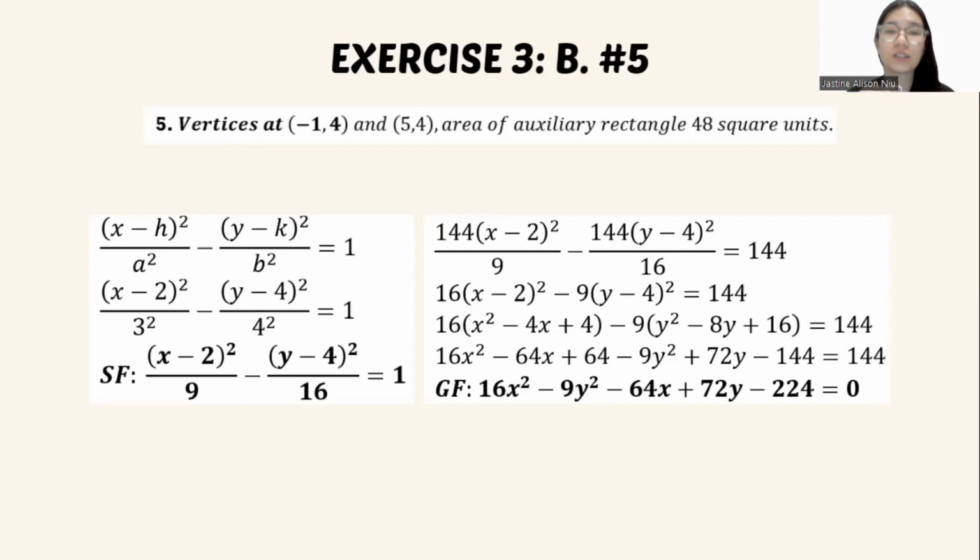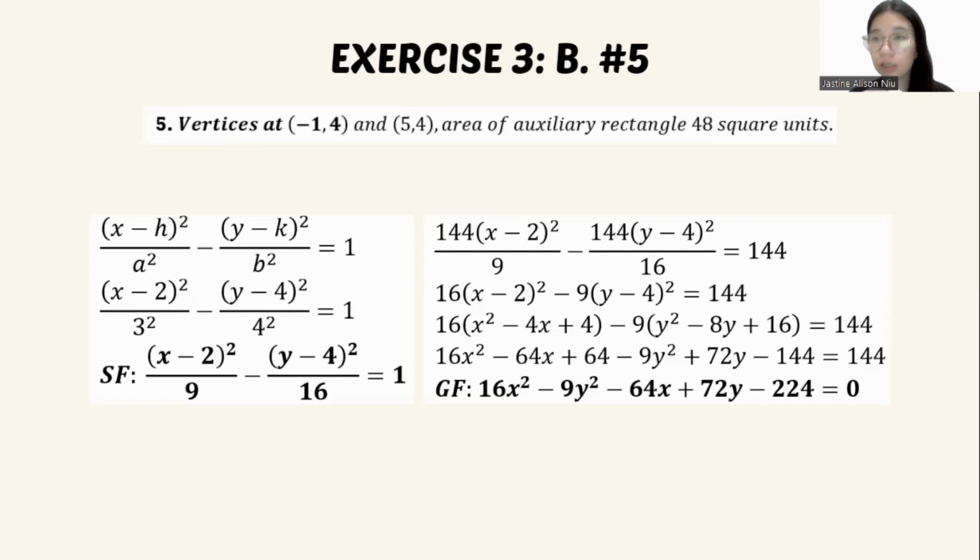It will be 16 times x minus 2 squared minus 9 times y minus 4 squared equals 144. Then it will be 16 quantity x squared minus 4x plus 4 minus 9 quantity y squared minus 8y plus 16 equals 144.